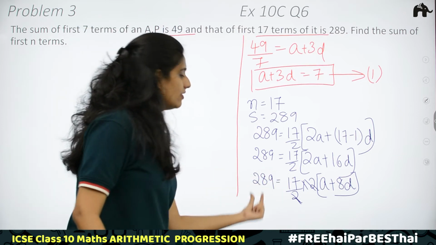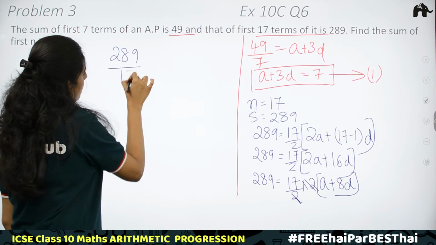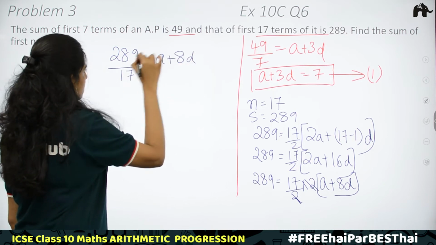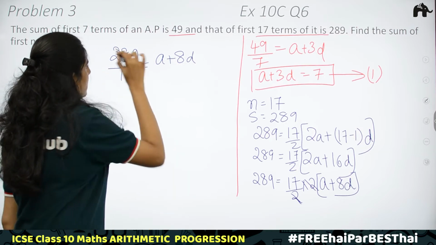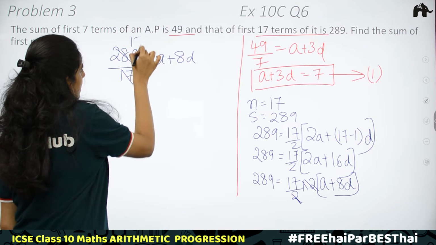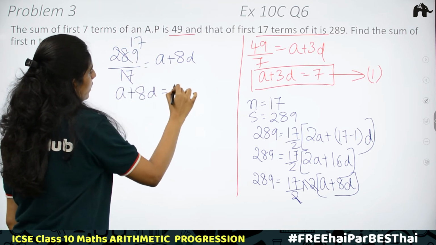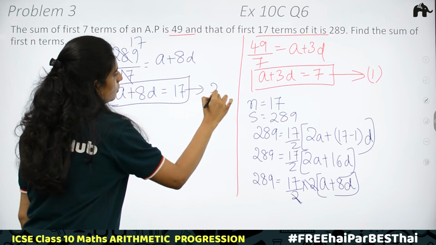Next, taking the 17 to the opposite side, we get 289 divided by 17 is equal to a plus 8d. 17 square is 289, which means 289 divided by 17 is 17. We get a plus 8d is equal to 17. Take this as equation number 2.